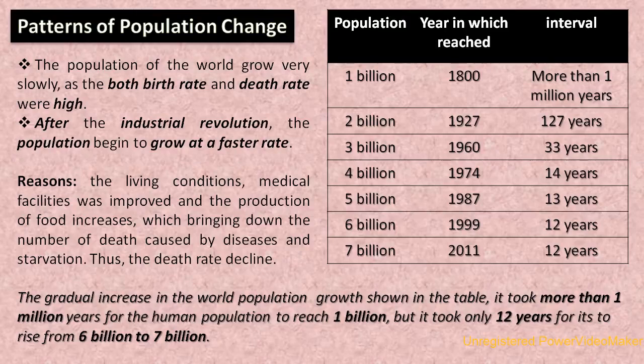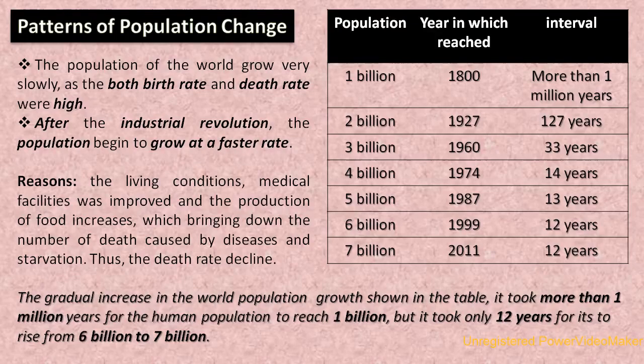1999 is only 6 billion. 2011, that means from 1999 to 2011, it is only 12 years. Within these 12 years, 1 billion people were added, and the population reached 7 billion.